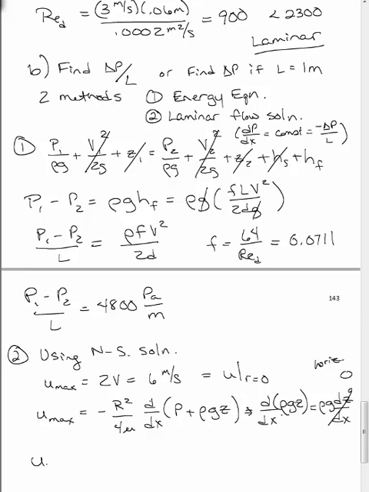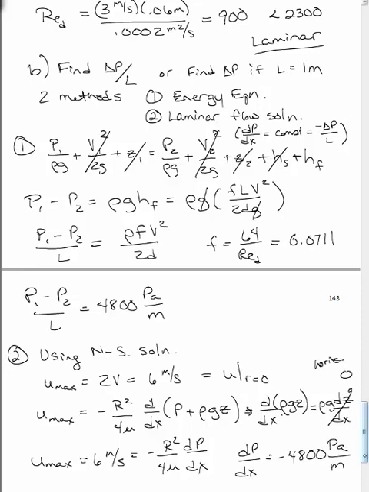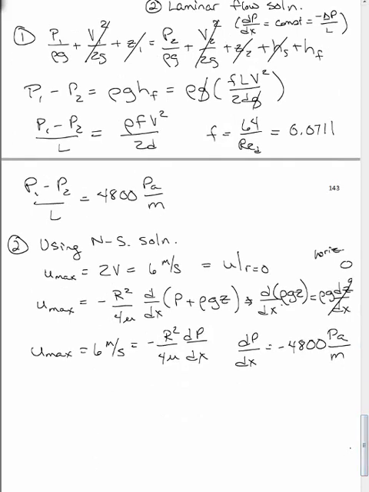Alright, so our Umax, which equals 6 meters per second, just equals minus R squared over 4 mu dP/dx. Okay, and now we can solve for dP/dx, and voila, it equals minus 4,800 pascals per meter. Good thing. Came out to be the same. Okay, that was part B.